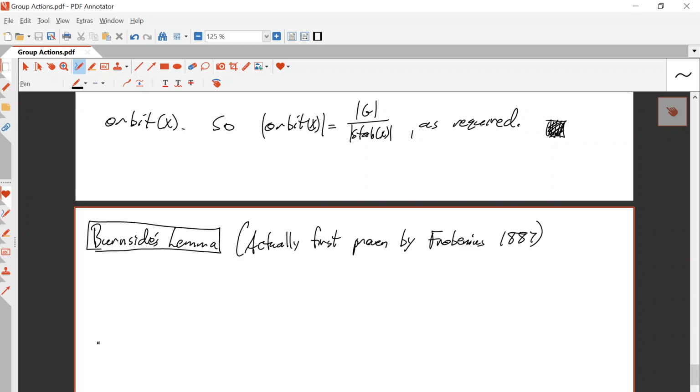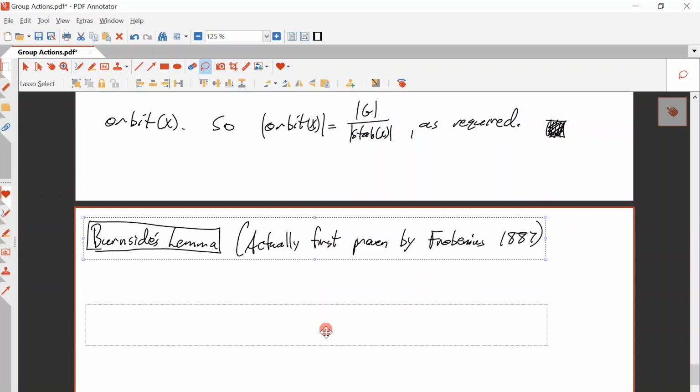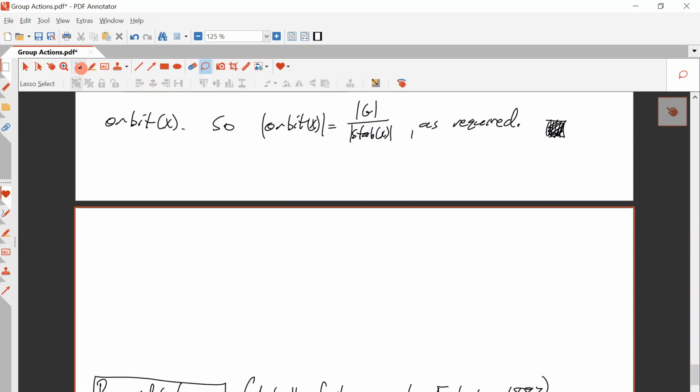Anyway, Burnside's lemma. We need one definition before we do Burnside's lemma. Similar to the idea of the stabilizer is this thing called the fixer.